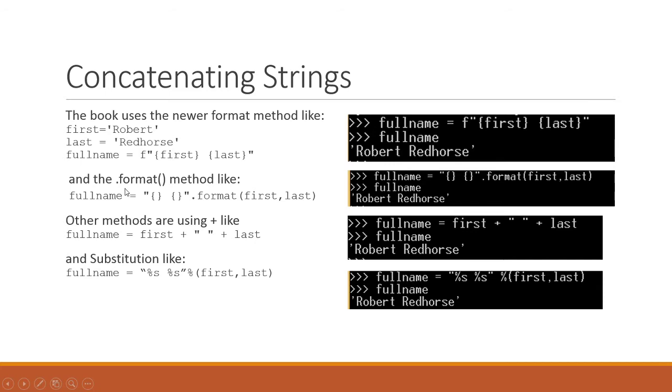The old format method worked with any version 3 previous to 3.6, basically all the other 3.0 versions. So you'd have the 2 brackets. Again, you're adding a space in here, and then you say format, and you pass it the variables in the format statement, and it'll put out the same thing.